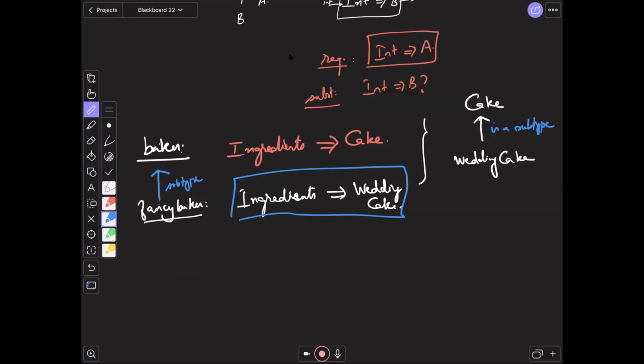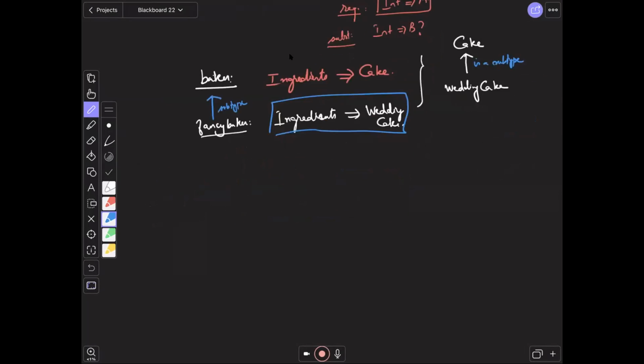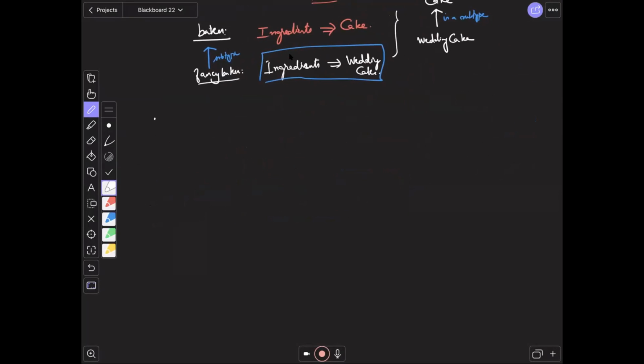Good so far? So let's do the first part, from Liskov's substitution principle. We say the following.